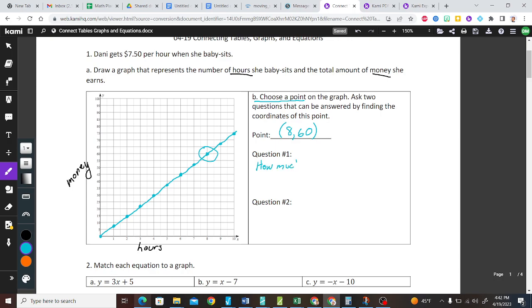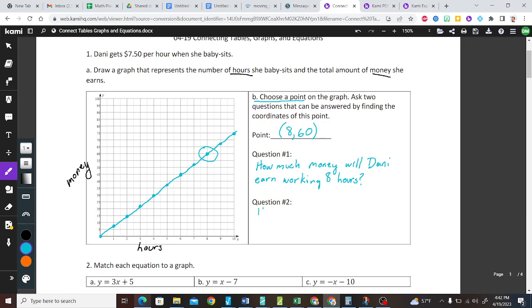much money will Danny earn working 8 hours?